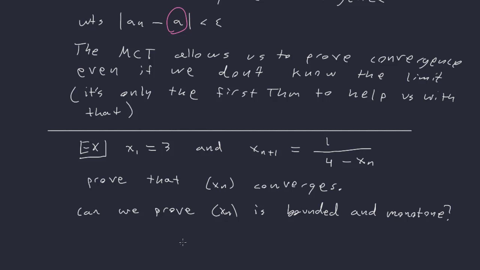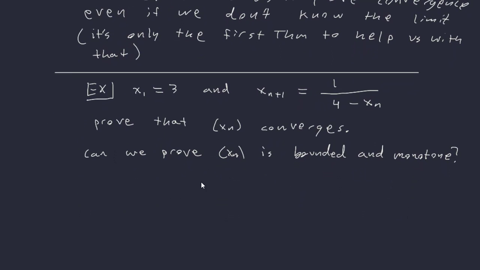Okay, well, let's look at what we get if we start plugging some values in. So x1 is 3. Then x2 is going to be 1 over 4 minus 3, which is 1 over 1, so that's 1. Then x3 is going to be 1 over 4 minus 1, which is 1/3.